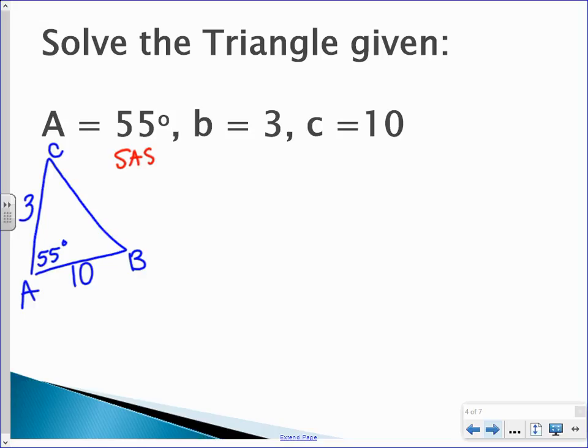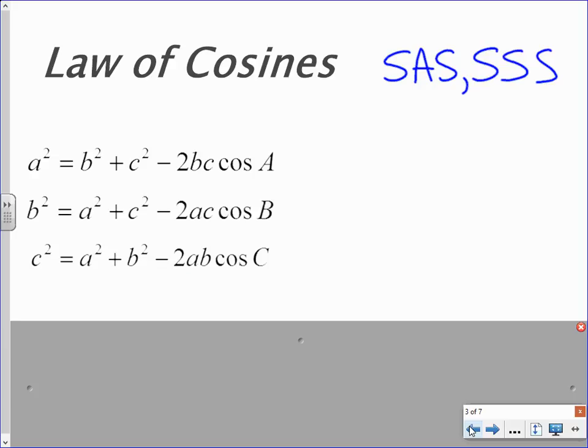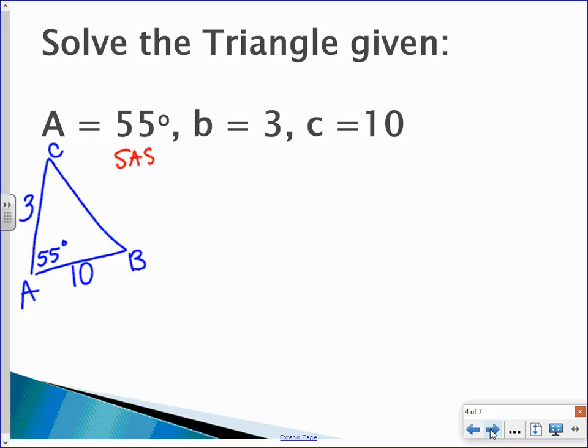So, law of cosines contains all three sides in its formula. What is the piece of information we're going to have to find first? We need that third side.